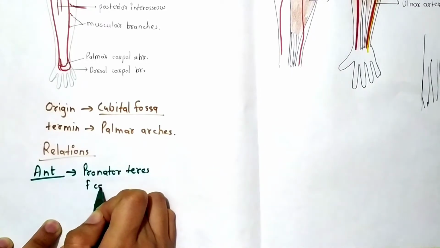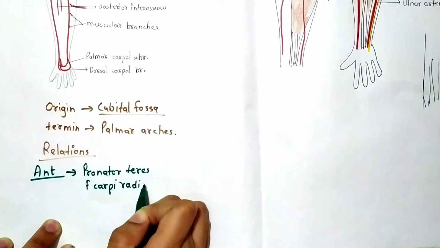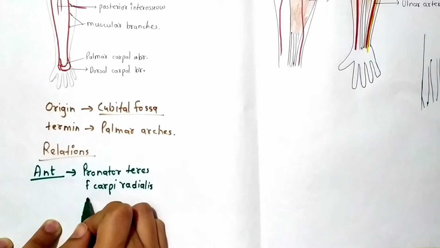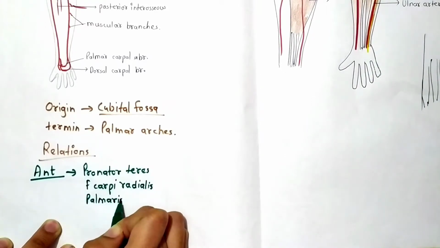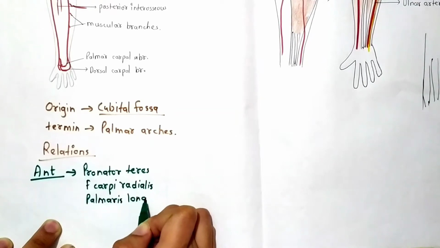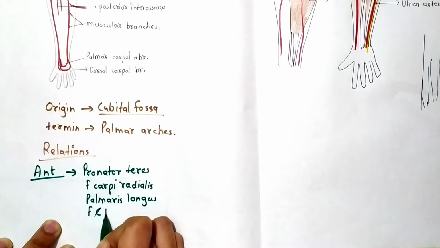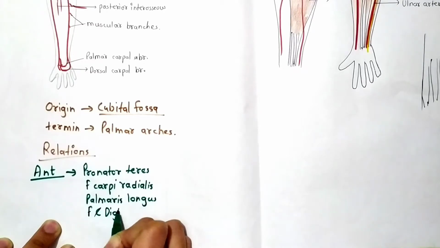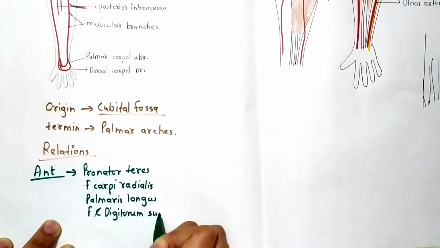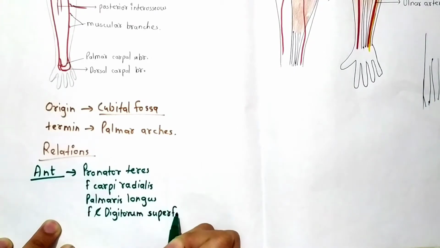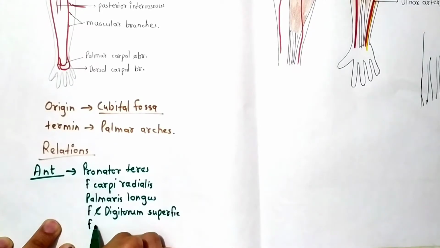Second is flexor carpi radialis, then palmaris longus, and flexor digitorum superficialis, and flexor carpi ulnaris.